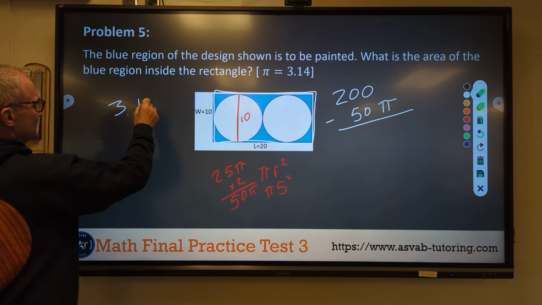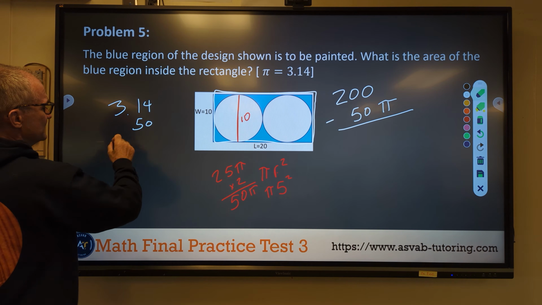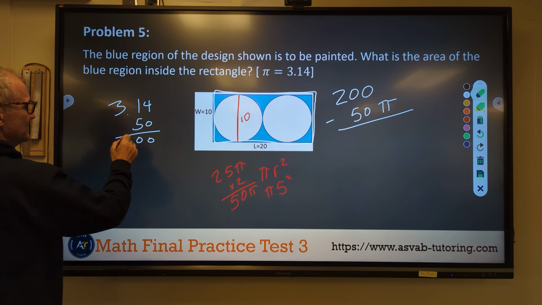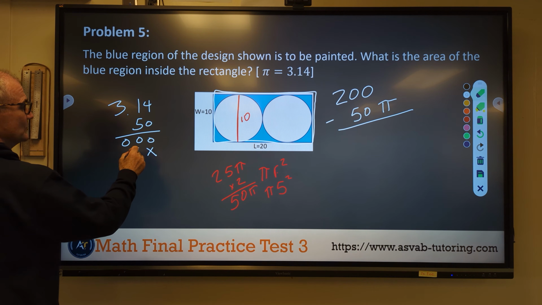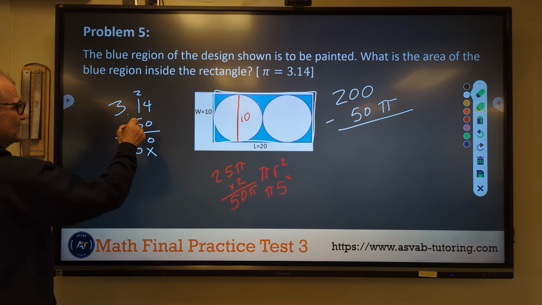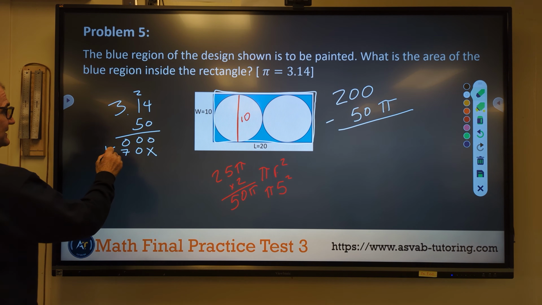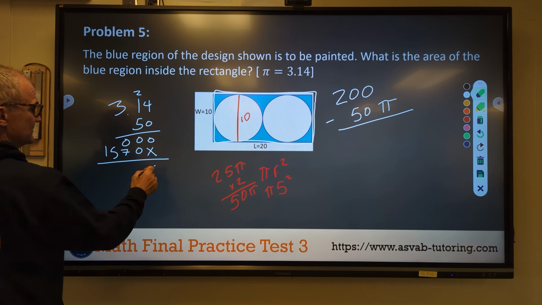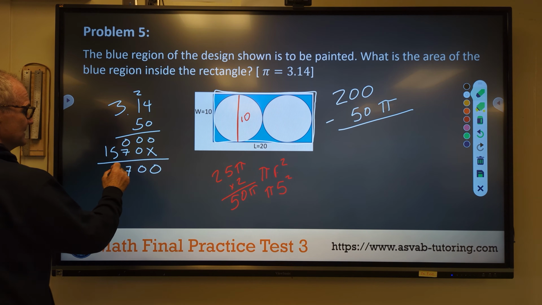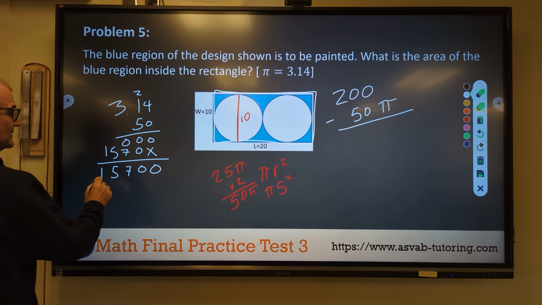I'm going to go 3.14 times 50. 0, 0, 0, placeholder, 5 times 4, 20, carry the 2, 5, 6, 7, 5 times 3, 15. I'm going to add these together, 0, 0, 7, 5, 1.